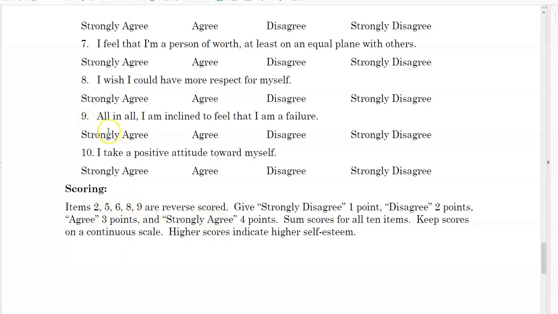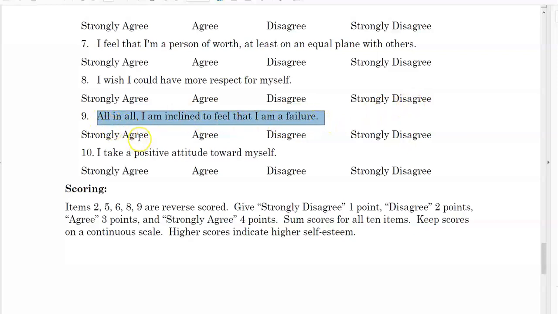Let's start with number 9. Number 9 reads as follows: all in all, I am inclined to feel that I am a failure. So just by reading this item, you will understand that it should either be positive or negative. This sounds like a pretty negative statement.